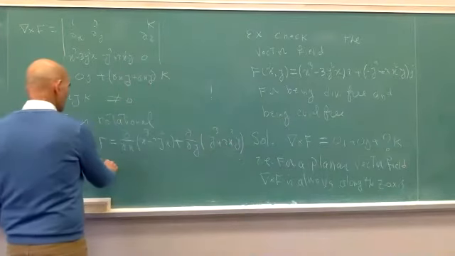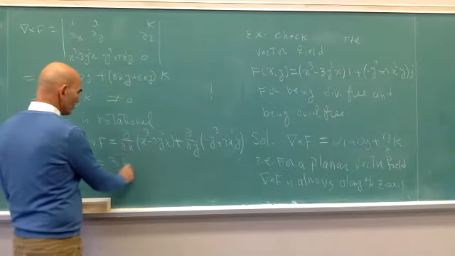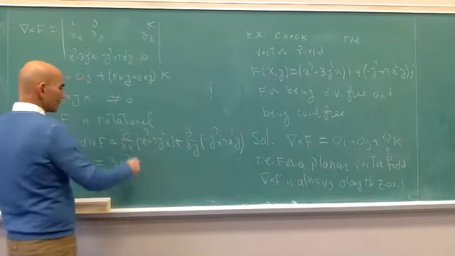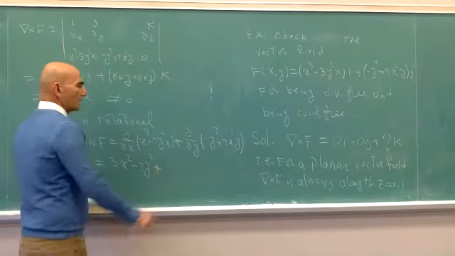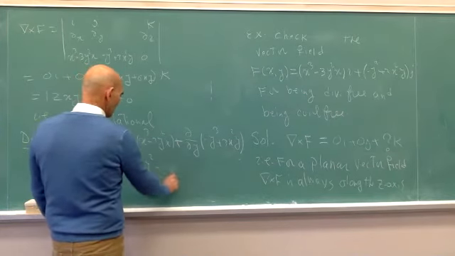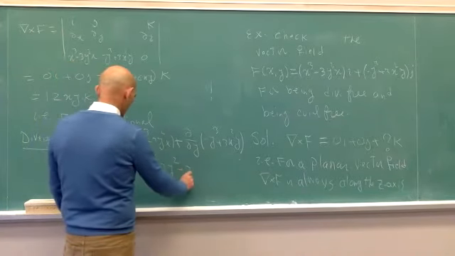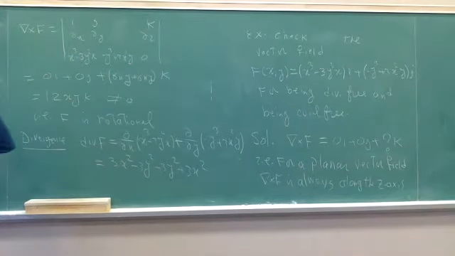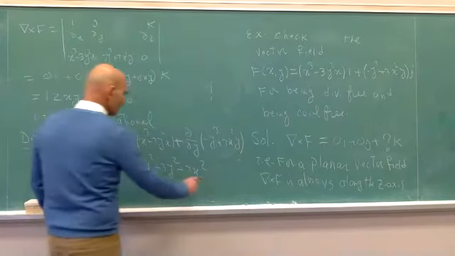Now, what is this? With respect to x, here we get 3x squared, minus 3y squared. And then with respect to y, we get negative 3y squared, and then plus 3x squared. So that's not zero either.